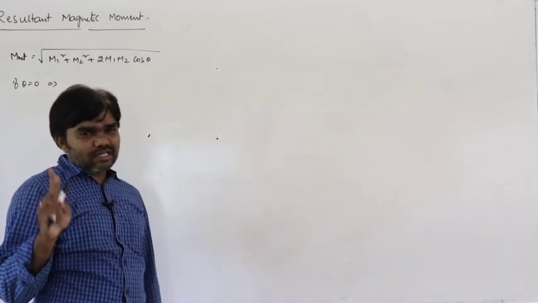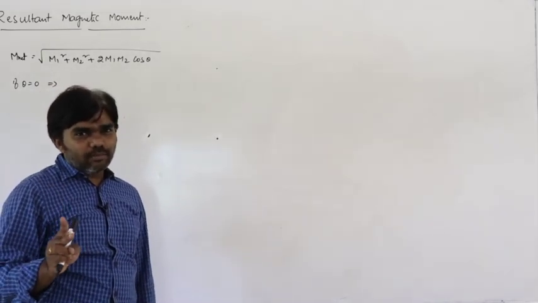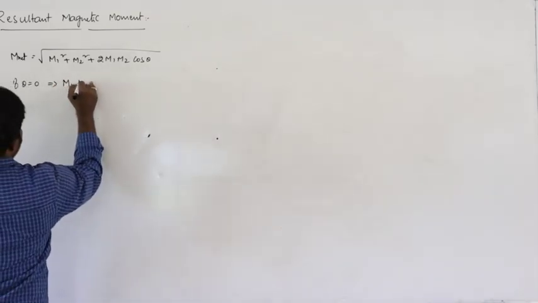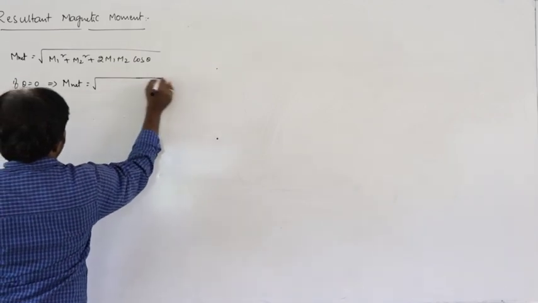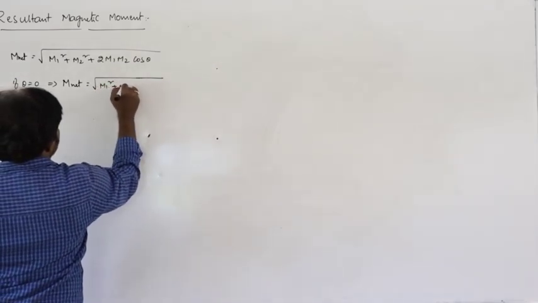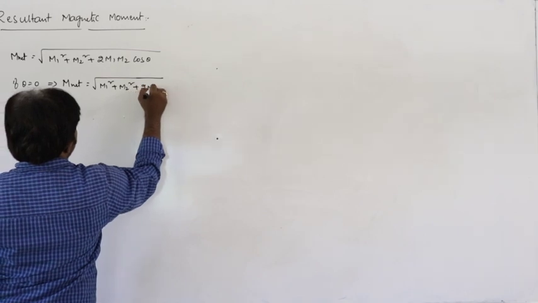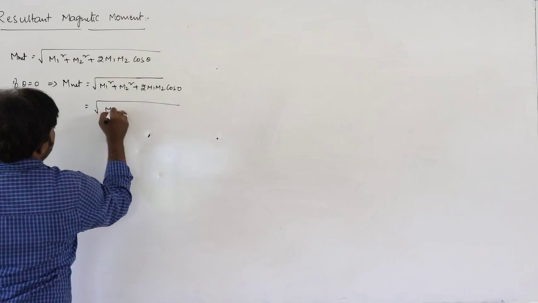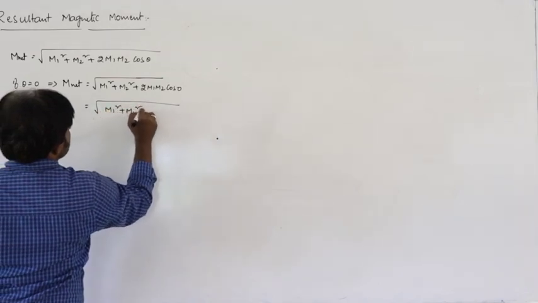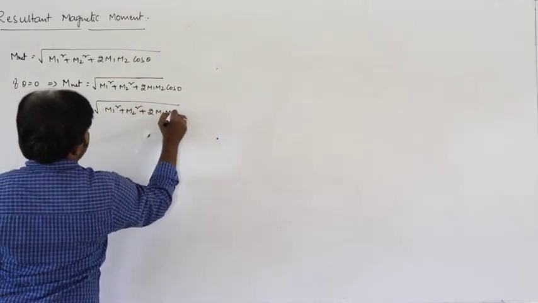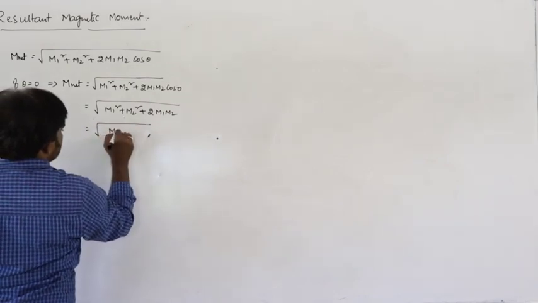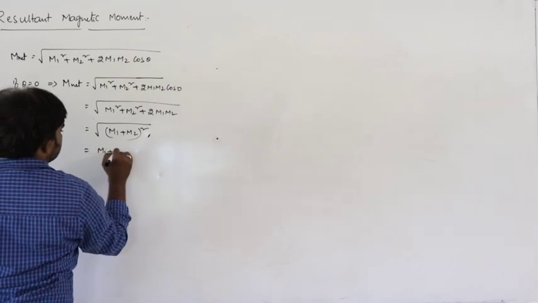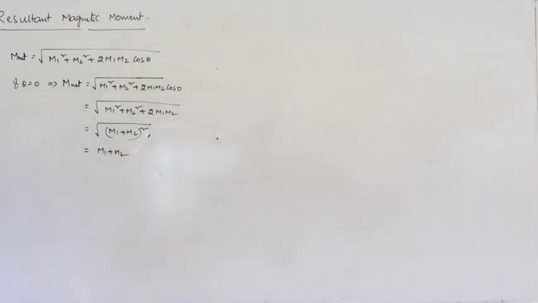In this situation, net magnetic moment is equal to square root of M1 square plus M2 square plus 2 M1 M2 cos 0. That is M1 square plus M2 square plus 2 M1 M2, which is M1 plus M2 whole square. So that is equal to M1 plus M2 if theta equals 0.